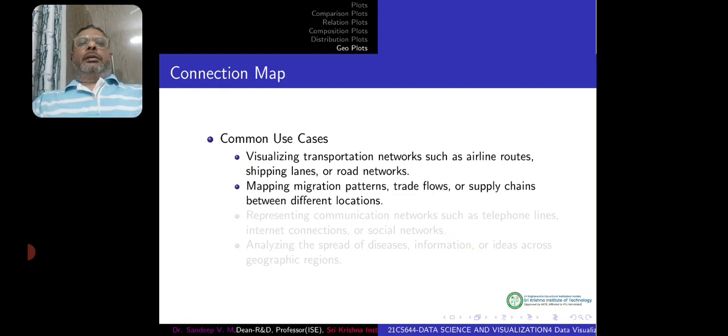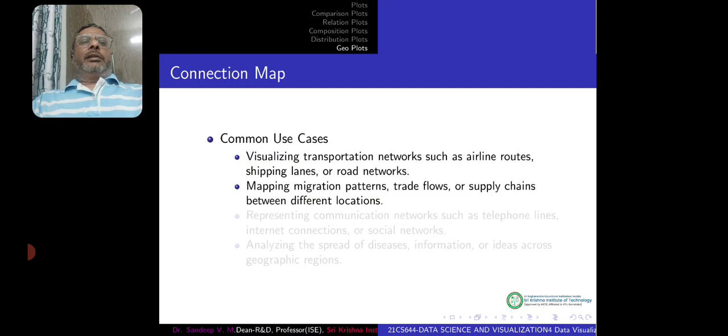Then the next use case can be mapping migration patterns, trade flows, and supply chains between different locations. Yes, so migration shows from which location to which location people are migrating. Again it can be unidirectional, and trade flows will be unidirectional.